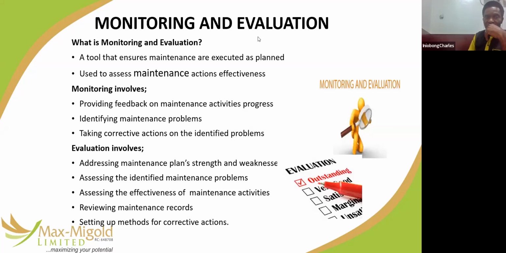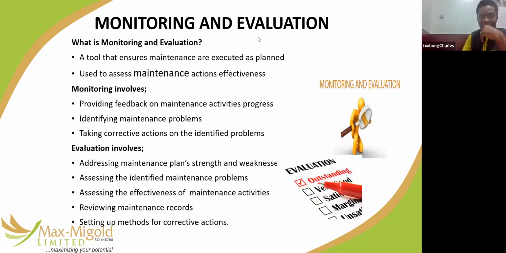A tool that ensures maintenance is executed as planned. So when you put a monitoring tool in place, it helps you to ensure that maintenance is executed as planned, and it is used to assess maintenance actions effectively.